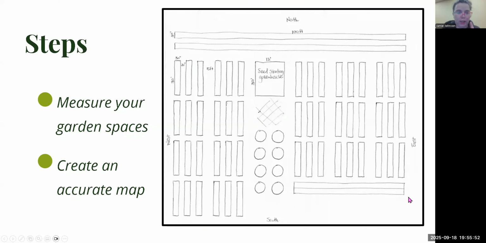Step one, measure your garden spaces. Go outside, go do it. And then create an accurate map like this photo. You see here that north, south, east, west is located. You have labels on things that are important to have labels on, in terms of what you're doing in that space.